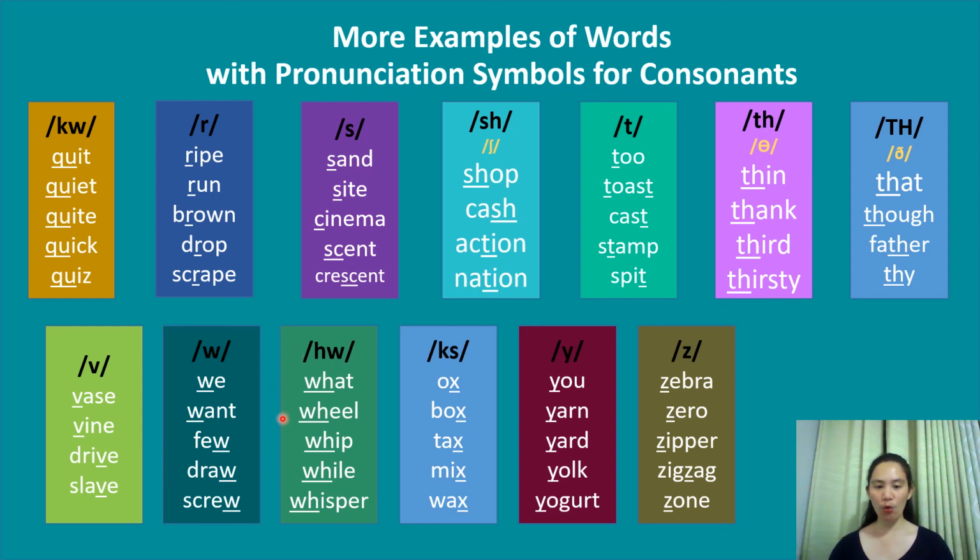Hw: what, wheel, whip, while, whisper. X: ox, box, tax, mix, wax. Y: you, yarn, yard, yolk, yogurt. Z: zebra, zero, zipper, zigzag, zone.